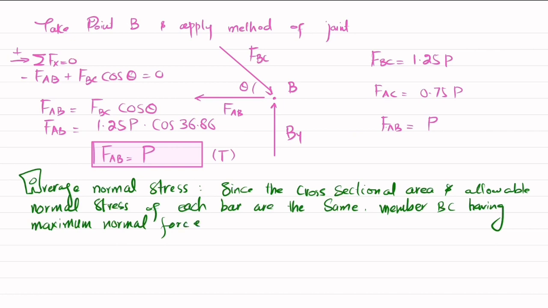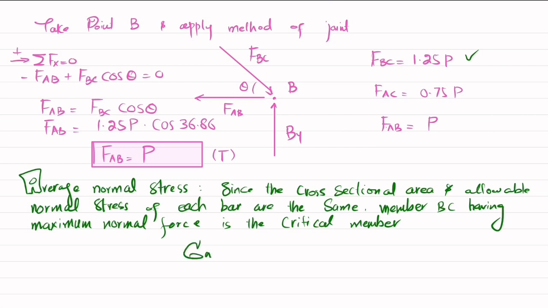You can see that this member has a maximum of 1.25 times P. So the member with maximum normal force is the critical member. So we will find this P based on this average normal stress.